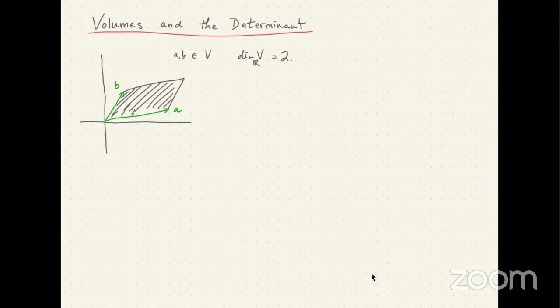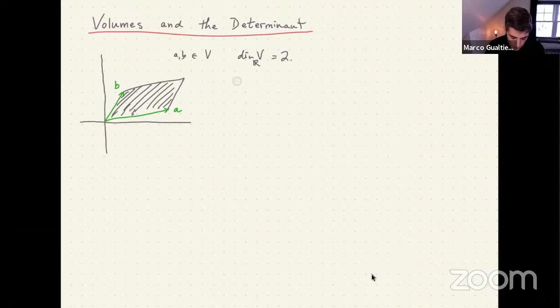So we have a parallelogram, and my first question to you is, what is the area of this parallelogram?